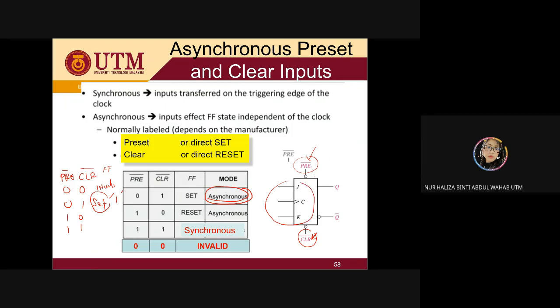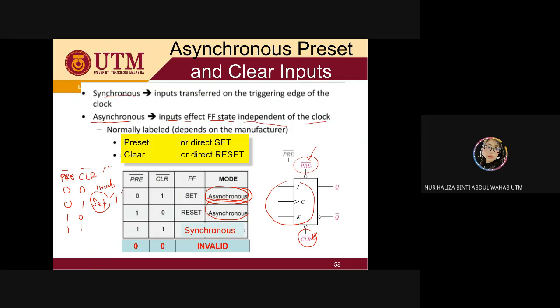And then you have now 1, 0. With 1, 0, you're still going to do unsynchronized, which means you just look into the pre and clear. You can see unsynchronized input affects the flip-flop independent of the clock.